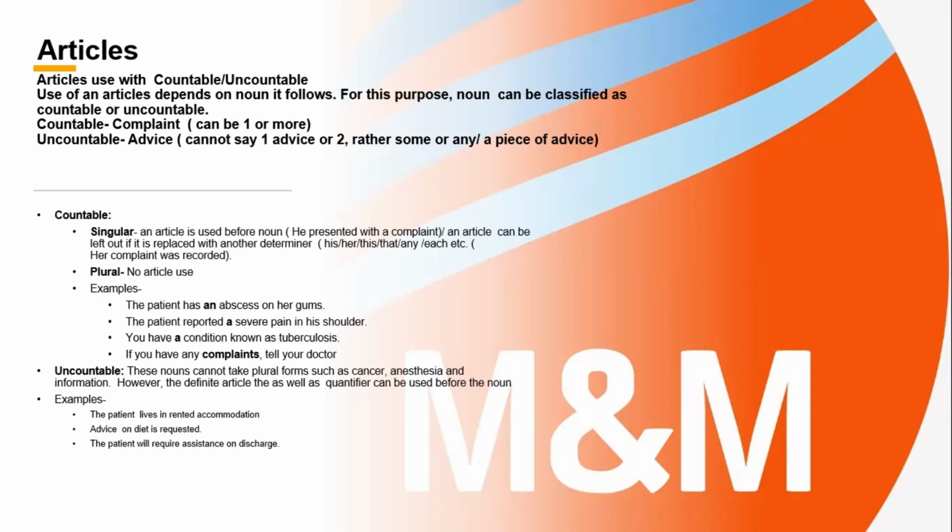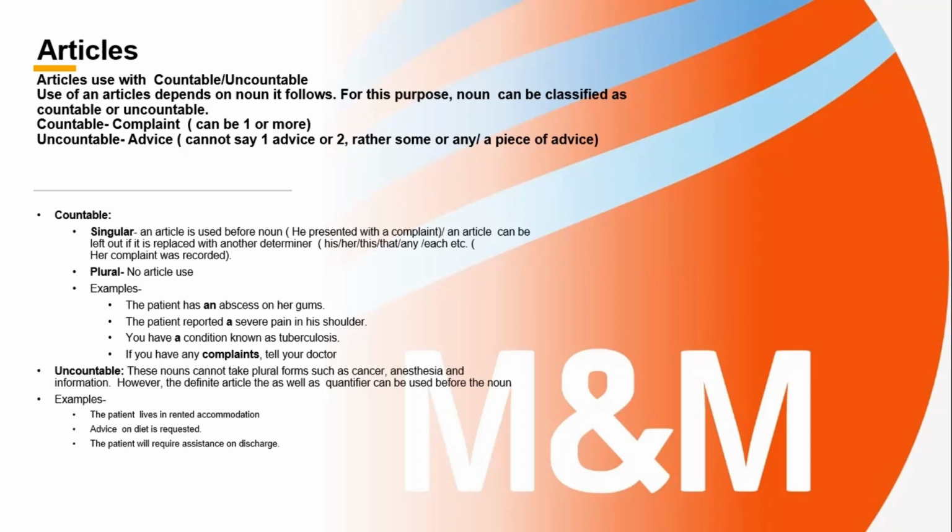So for example, you can see there, if we have something such as an abscess, a lump, or even a fever, because these are episodic, it is a countable noun, right? Afterward, if there is an uncountable noun, we cannot use any article with that, and even with plurals, we cannot use any article with that, right?